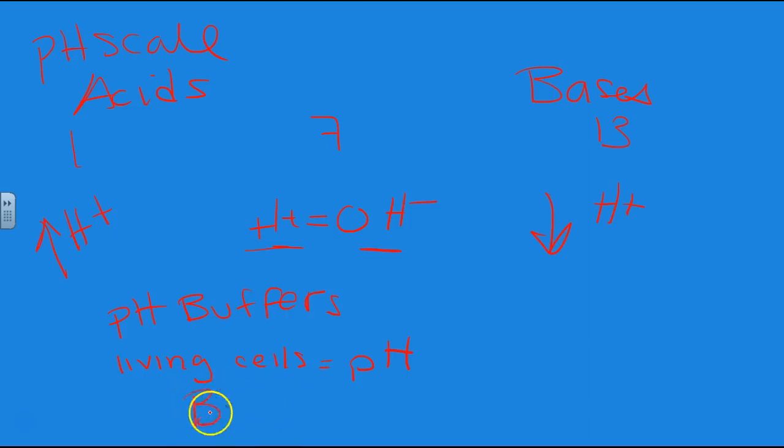So buffers actually exist to minimize effects of an acid or base. Okay, so the buffers will keep, depending on the buffer it is, that pH as close to 7 as it can get, even with the addition of something that is acidic or something that is basic.